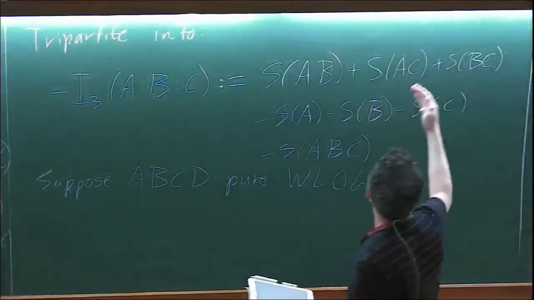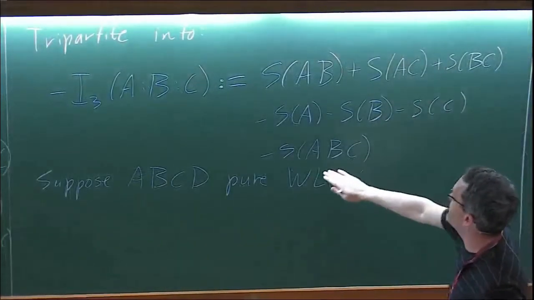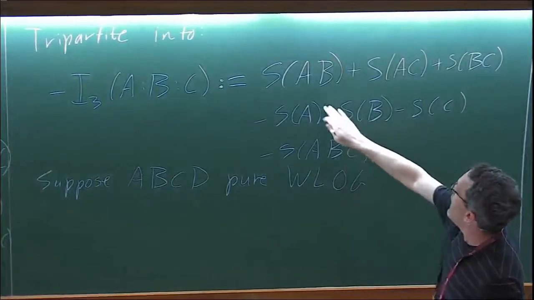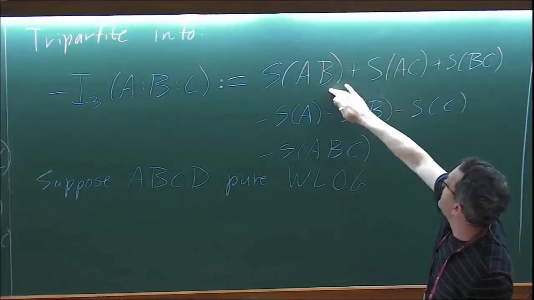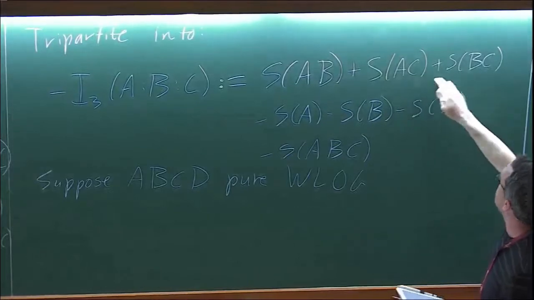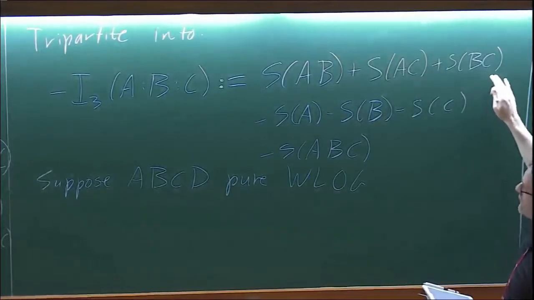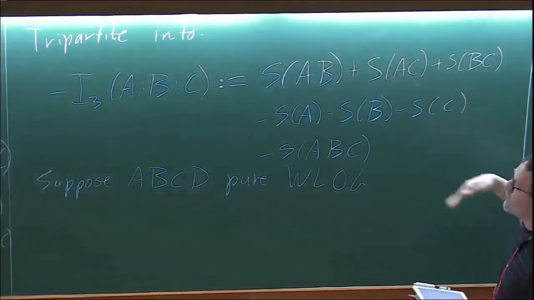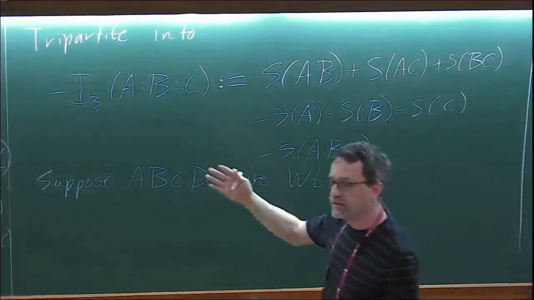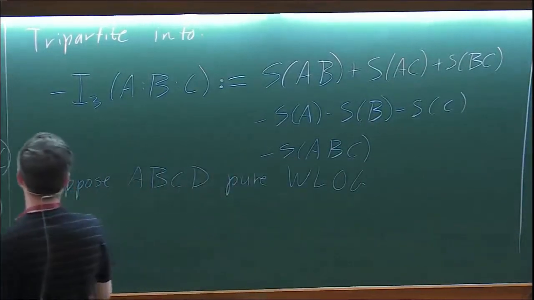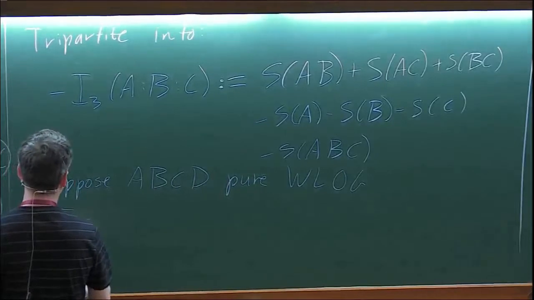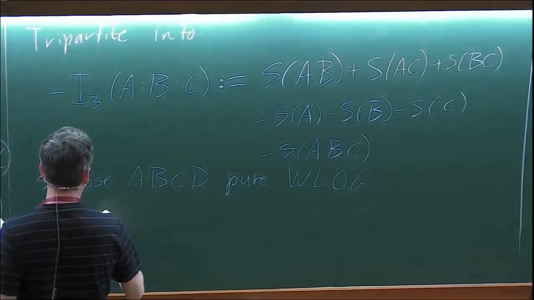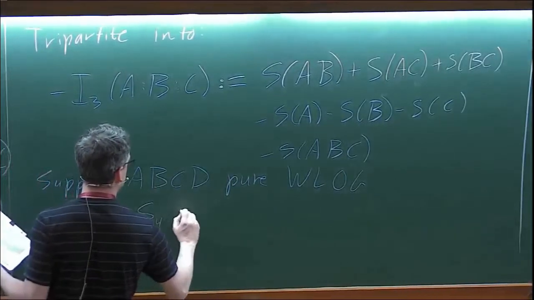Then, when you write this down, you see that this thing becomes S of D. S of AB is equal to S of CD. S of AC is equal to S of BD. And S of BC is equal to S of AD. And by the time you're done, the thing is fully permutation symmetric under all four. So I'm not even going to write the arguments. Is S4 symmetric?